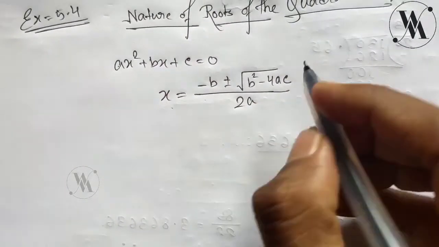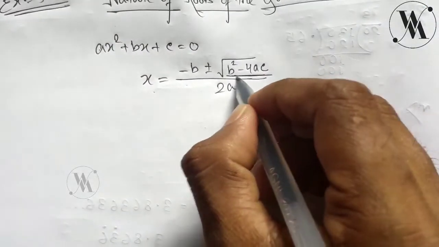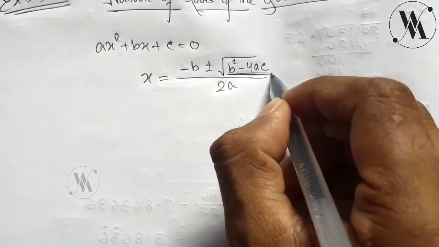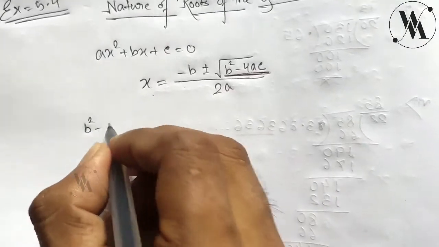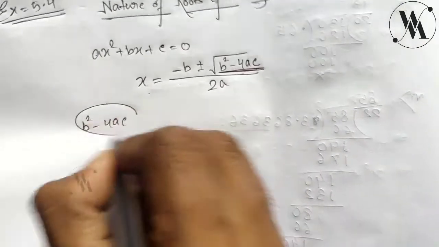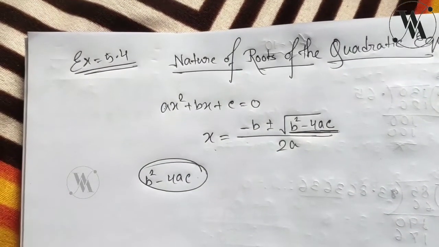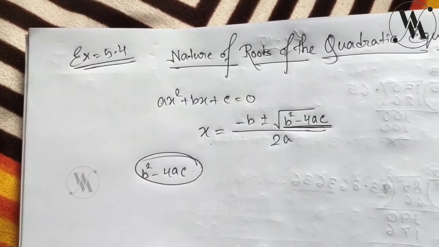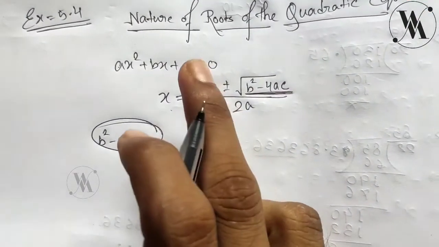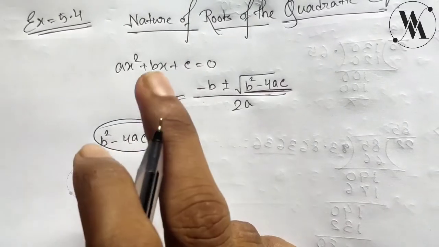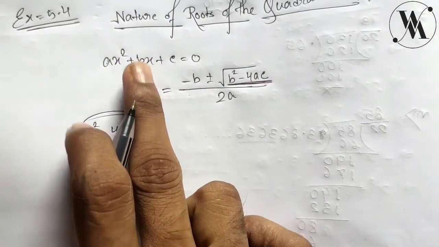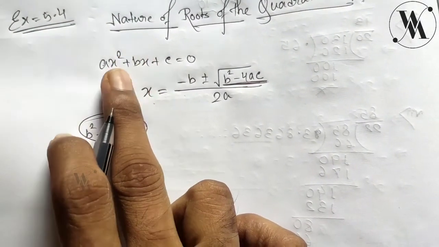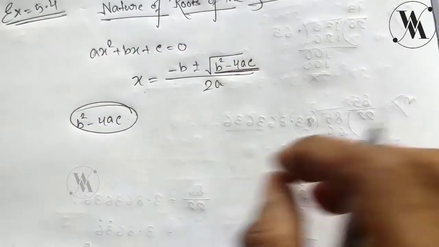Now in this formula, the term b square minus 4ac is called the discriminant of the quadratic equation ax square plus bx plus c equal to 0.